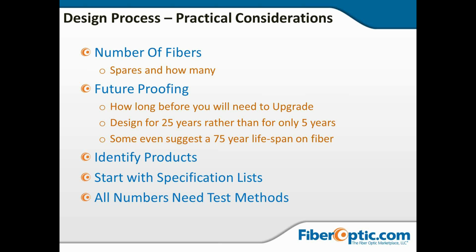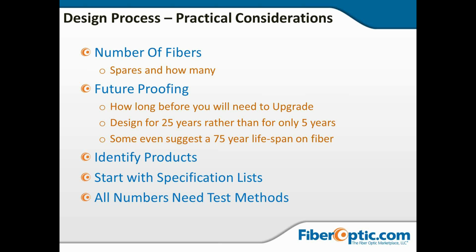If I think I need 12 fibers, and I'm really going to use all 12, then I'll probably pull a 48 count. If I think I'm going to need 144, I probably pull a 288 or 436. I don't want to get caught without fiber.